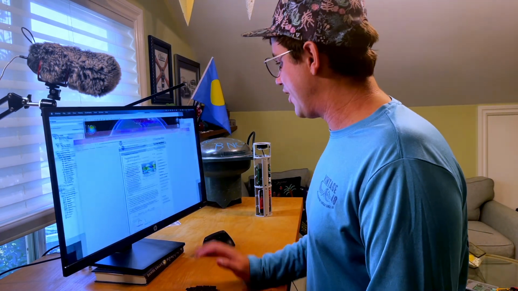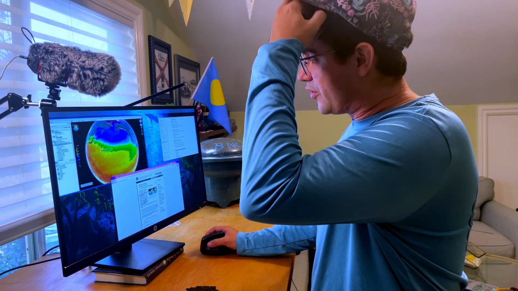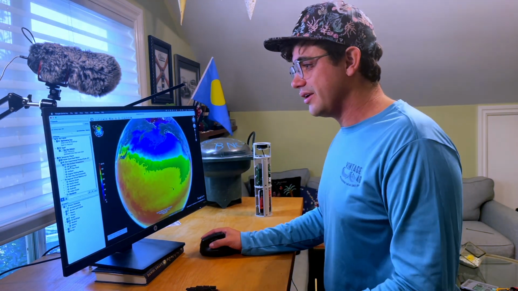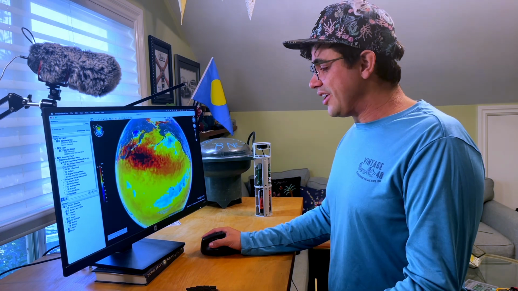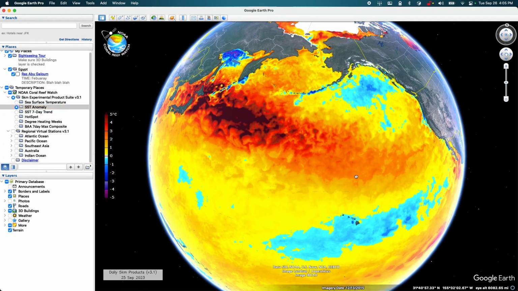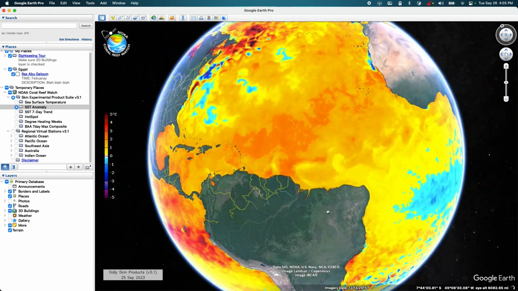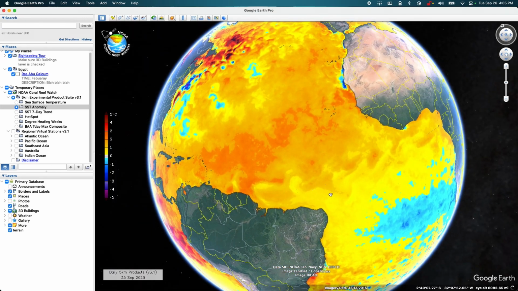So that way we can now compare our current sea surface temperature to what the average was over that 10-year period. This is available as a Google Earth profile too, although you can view it on their website. And so here we can see what that deviation looks like. And this is just kind of today, these last couple weeks.